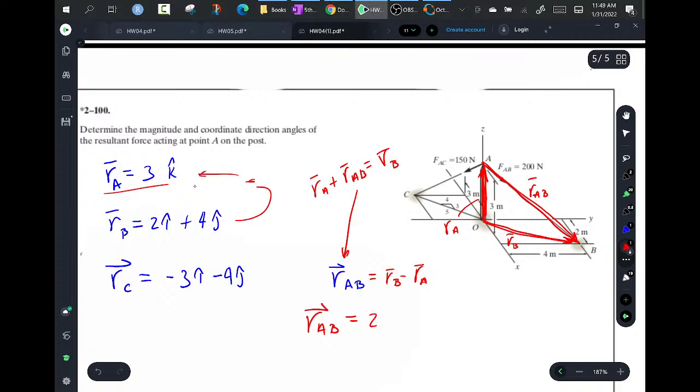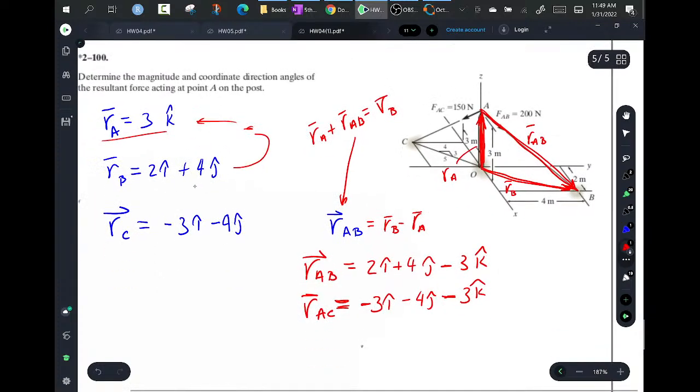So I get 2I plus 4J minus 3K. Now if I want to find the RAC, I do a similar thing, and what I'm doing there is I go minus 3I minus 4J minus 3K.